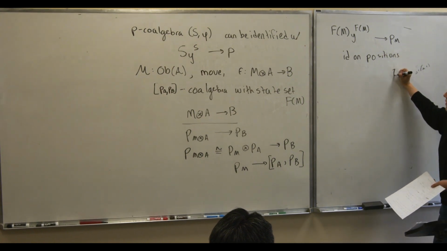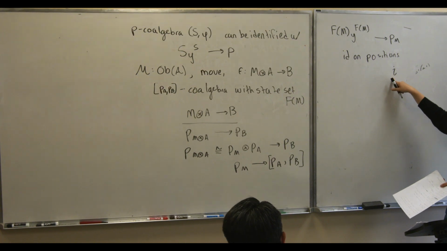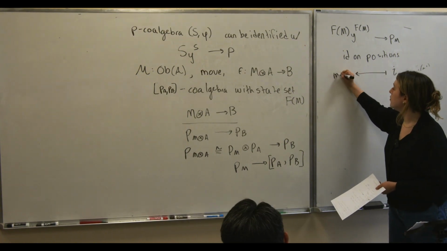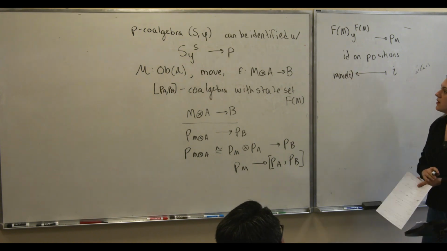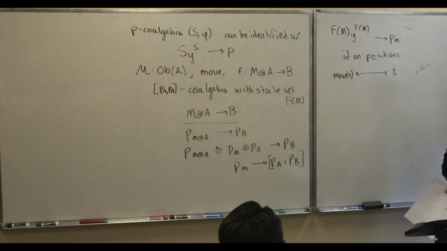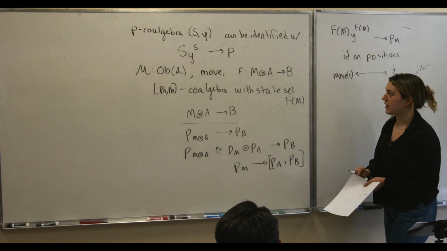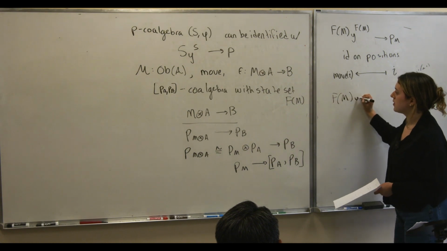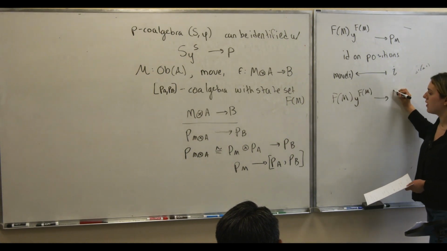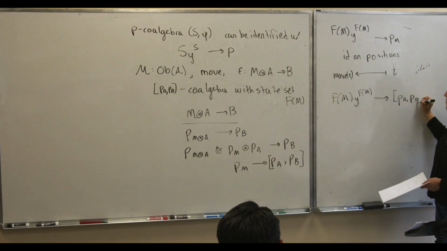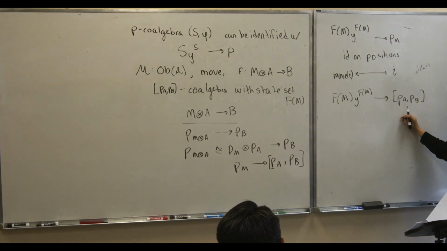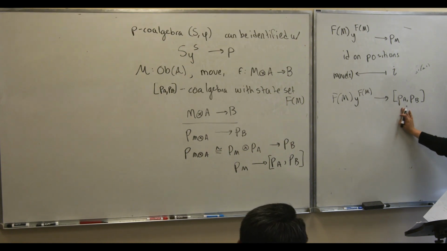On directions, well, we have some direction I, and we can just send it to move I, precisely because move has the same domain and codomain as PM. So if we compose these two maps, we get a polynomial morphism fmy to the fm to PA, PB. So we get a PA, PB coalgebra with state set f of m.